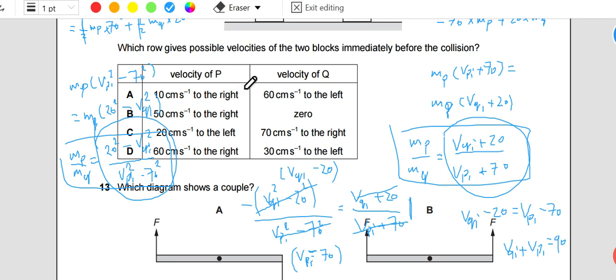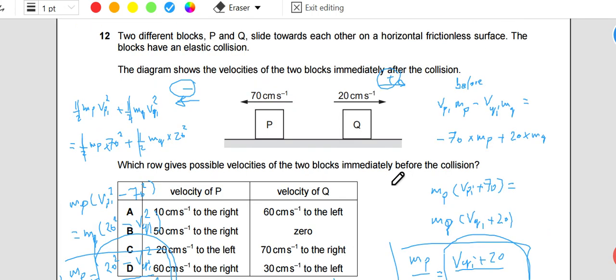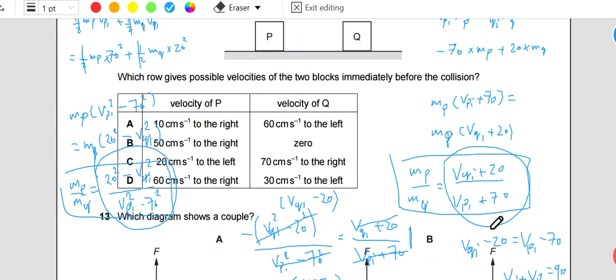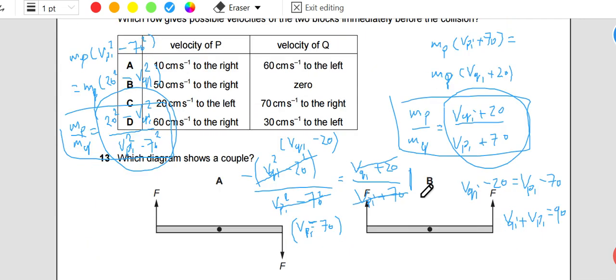Okay, let us repeat again. We will not use the signs here because we used them already in the conservation of momentum. Here we just deal with the magnitudes. So it is 10 plus 60, 70, not equal to 90. 50 plus 0, 50, not equal to 90. 90 plus 70, it is 90, okay?